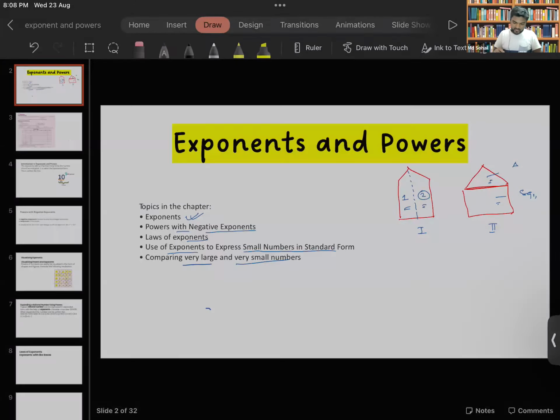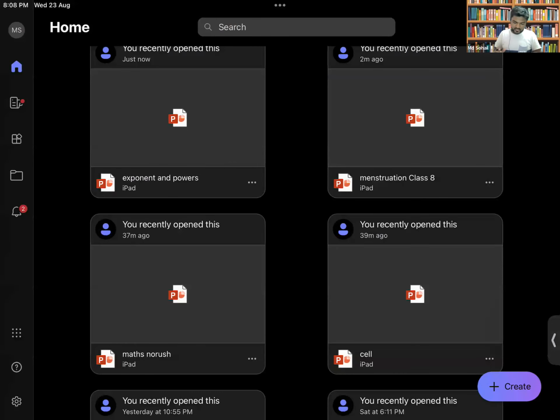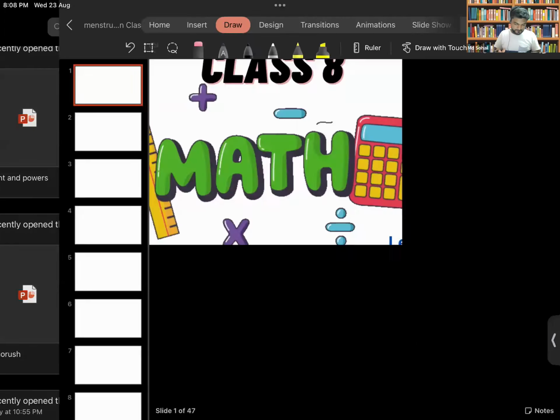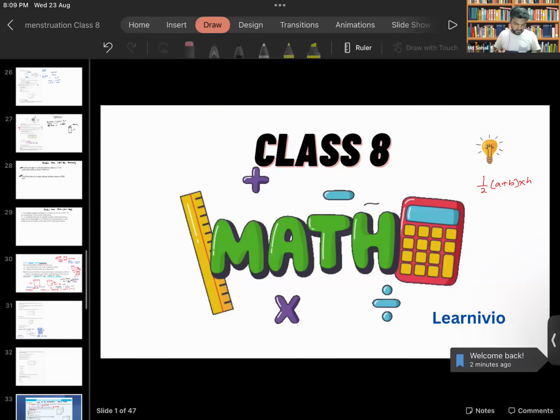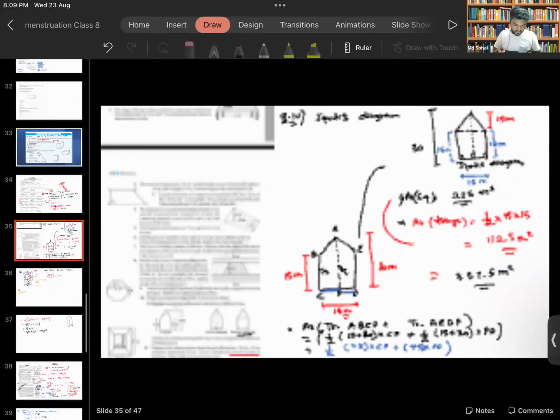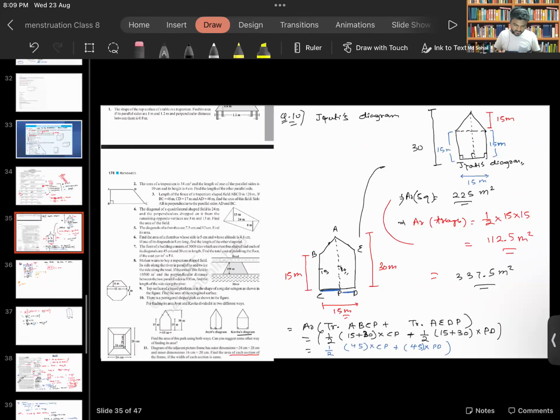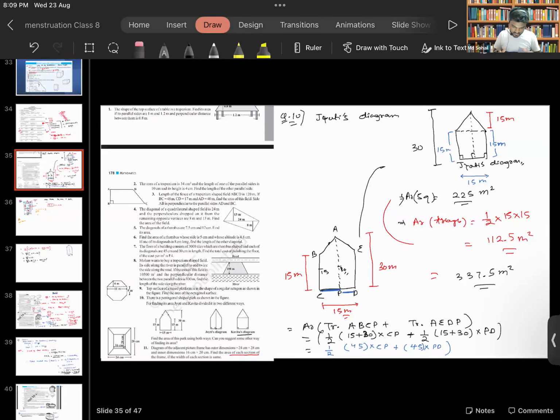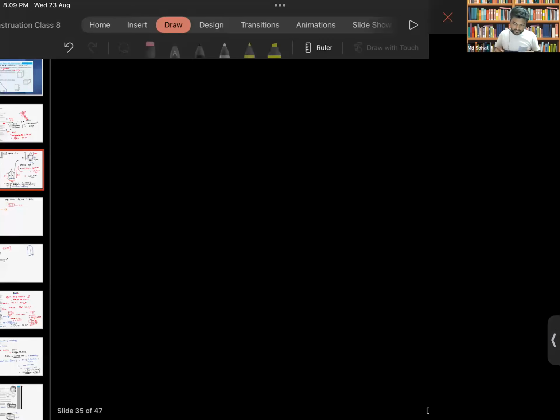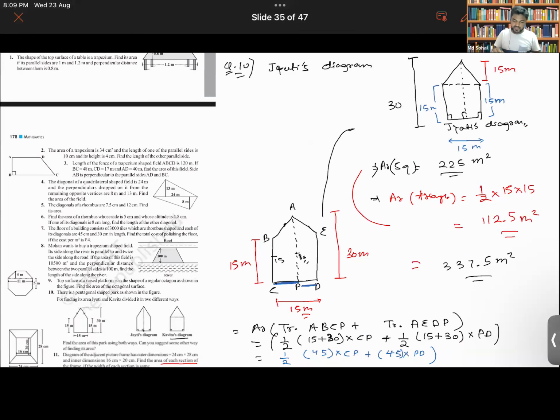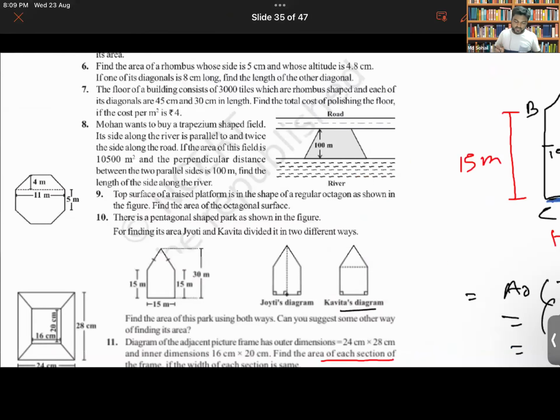So 11.2, question number 10 here. Kavita and Jyoti have drawn their own diagrams in order to find the area.